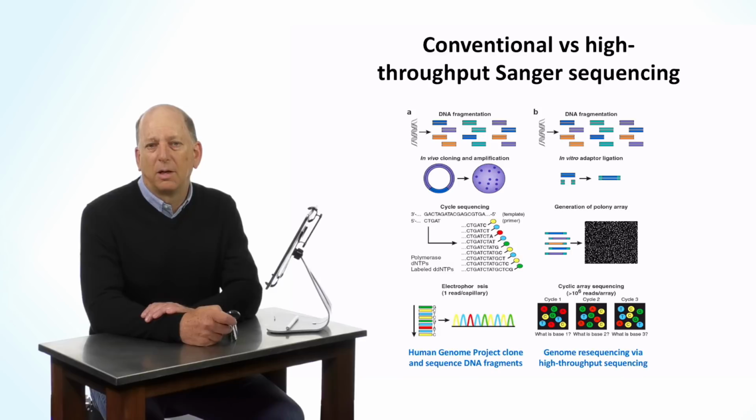Here, I will describe and contrast the conventional Sanger sequencing analysis with high-throughput sequencing. In the conventional approach, DNA fragments are sequenced one by one. The DNA is fragmented in some way, and each of the resulting pieces is cloned in bacteria. The bacteria are propagated and the DNA isolated so there is enough to sequence.